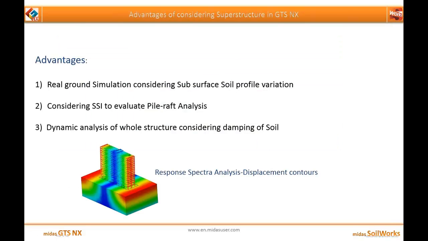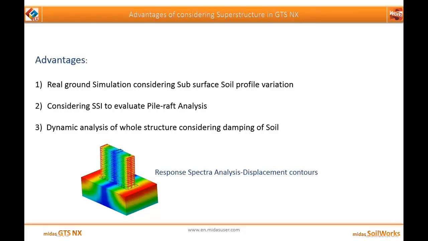So what are the advantages of considering the superstructure in GTS NX? The first advantage is that now you have a real ground simulation considering the subsurface soil profile variation. So if you have some small soft ground layer or a small patch of soil, that could also be considered, giving you a real simulation of what you want to consider.